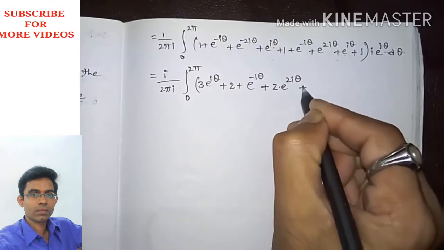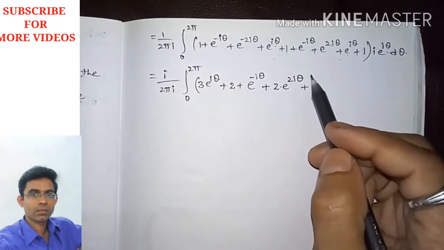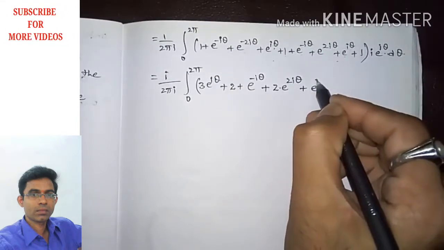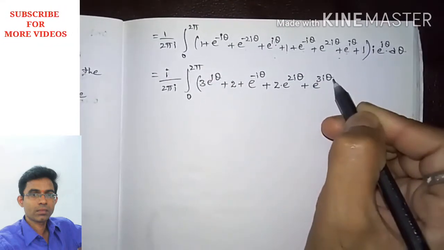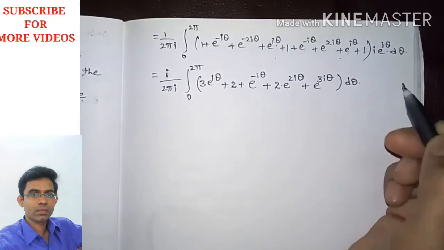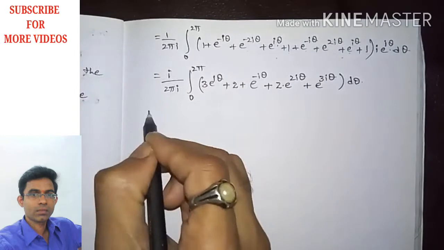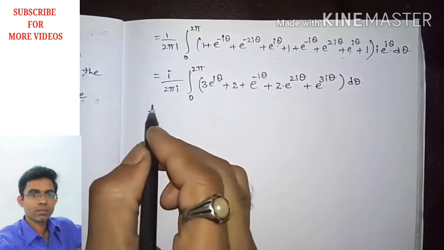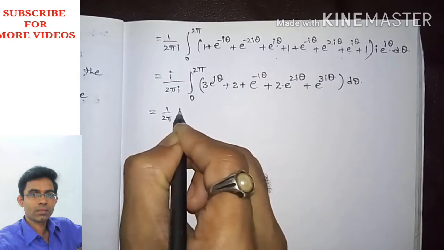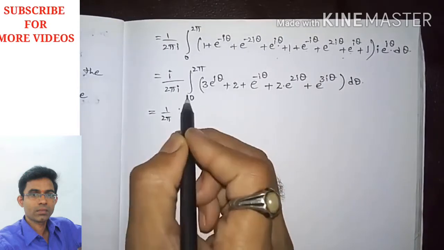And finally we have plus e^{2iθ} into e^{iθ}, which gives e^{3iθ}, into dθ. Is it clear? So here i gets cancelled and it remains with 1 by 2π into the usual integration.